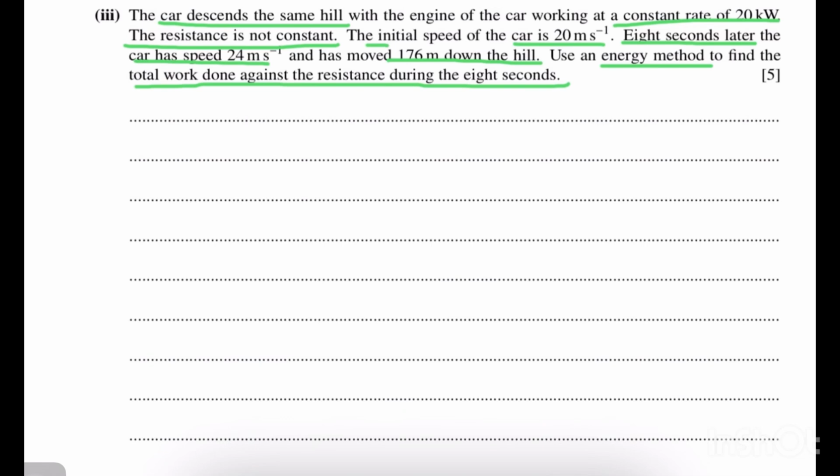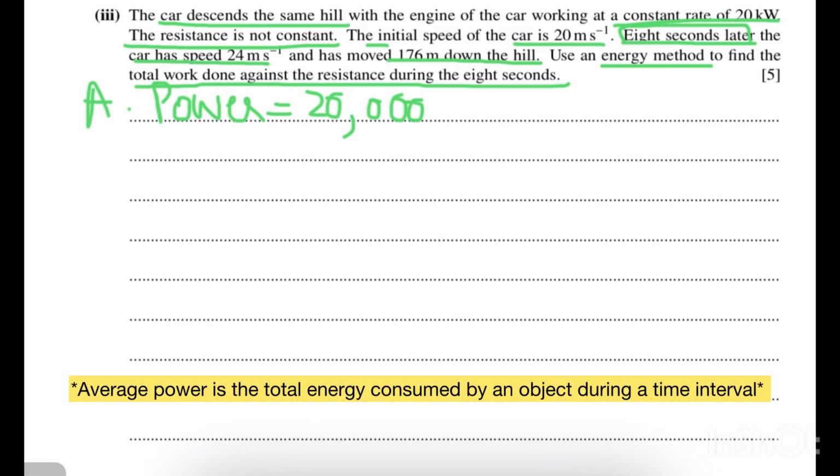They've given us the power of the car, which is 20 kilowatts, which will be equal to 20,000 watts. But in this case, you will notice that since it is over these 8 seconds, this will be equal to the average power.